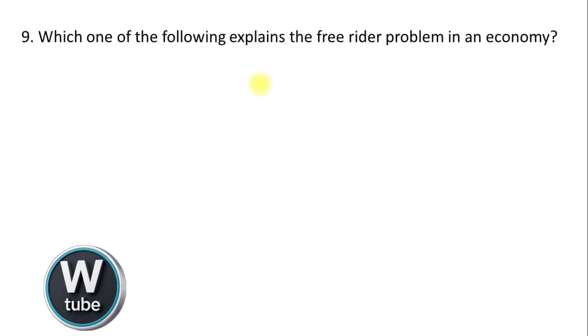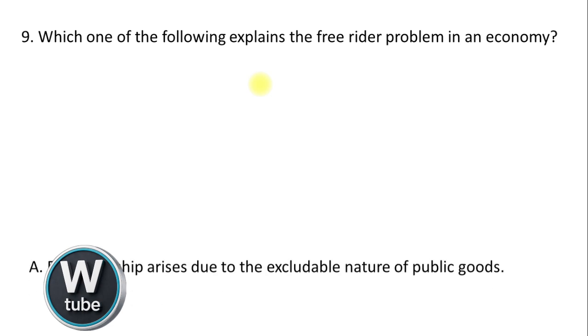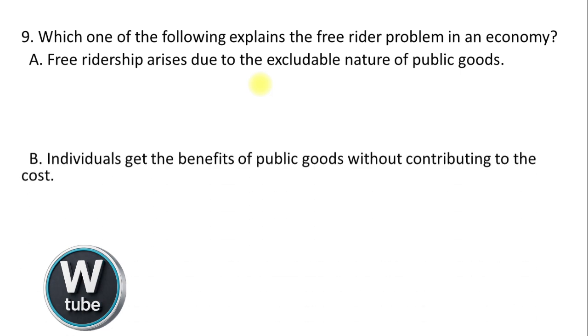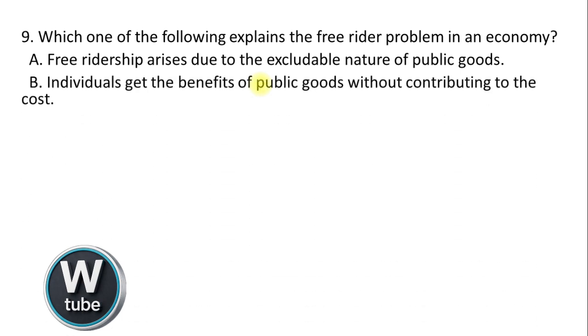Question number 9. Which one of the following explains the free rider problem in an economy? A. Free ridership arises due to the excludable nature of public goods. B. Individuals get the benefits of public goods without contributing to the cost.